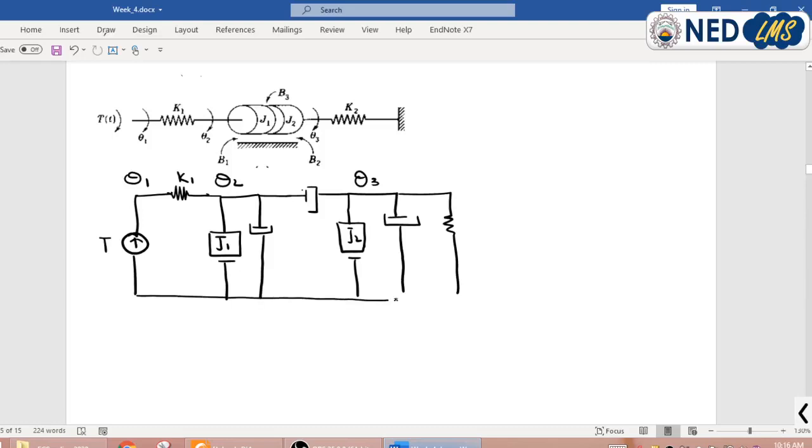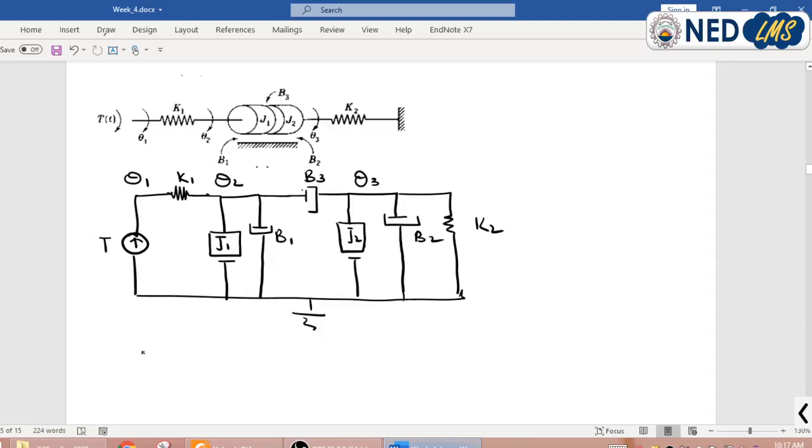This is my reference node. This was my damper B1, this is B2, this was K2 and this is basically B3. This is basically a free body diagram of this system.